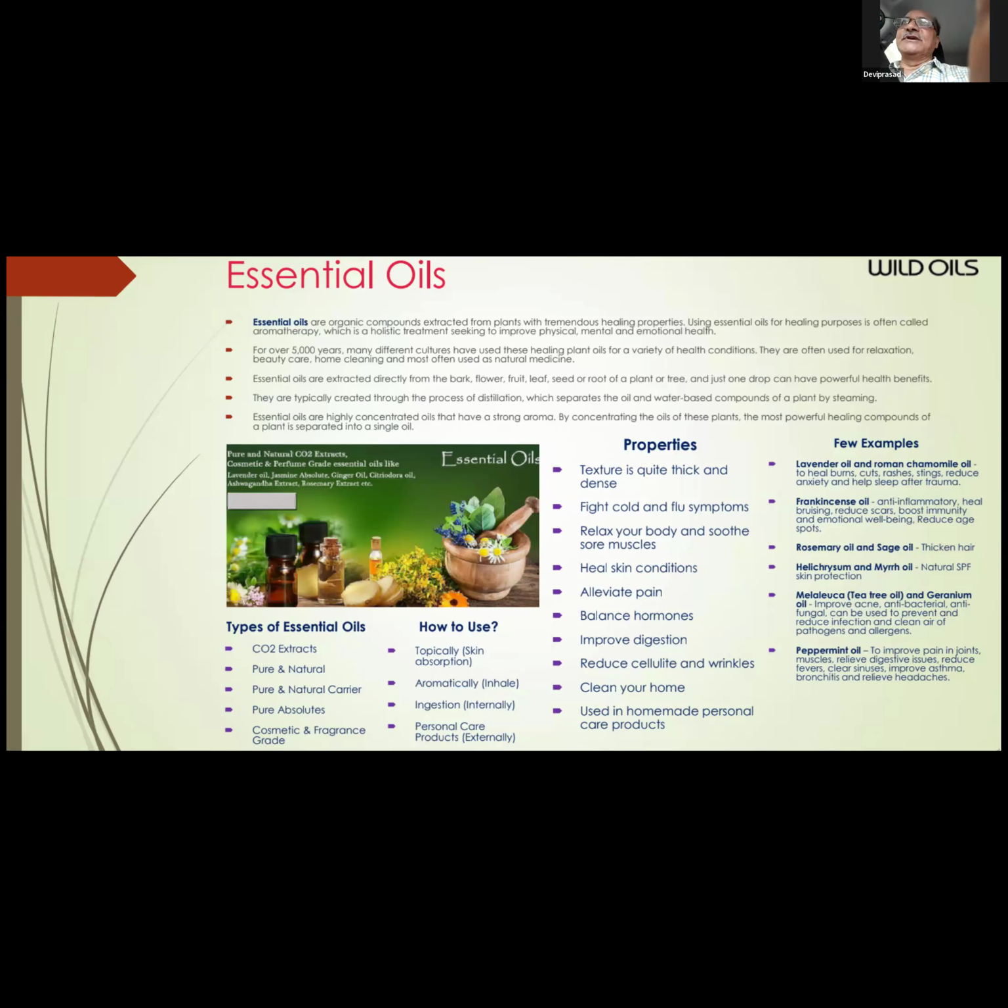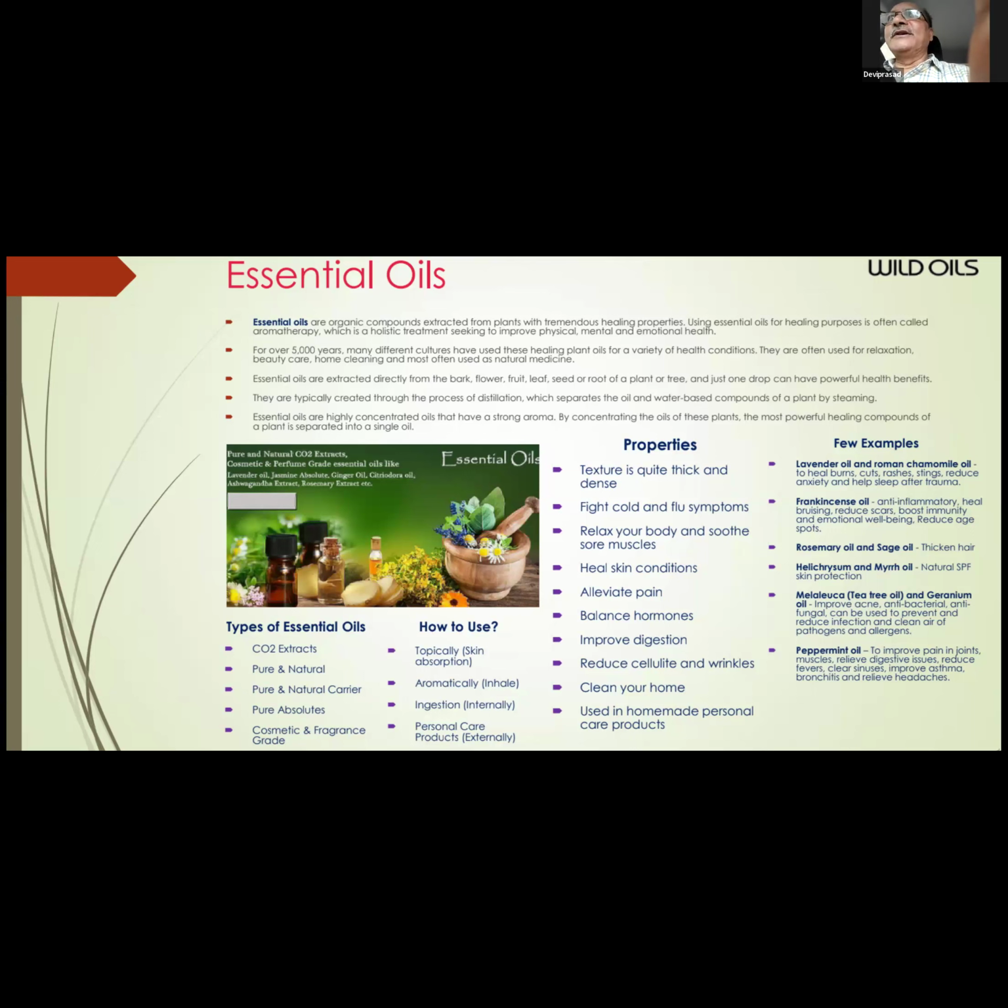Then there is another process which is steam distillation, which is normally used in all types of extractions. Steam is passed through the material. Then the steam comes out with the oil contents or whatever contents are in that herb or leaves, and then it gets condensed in a condenser.